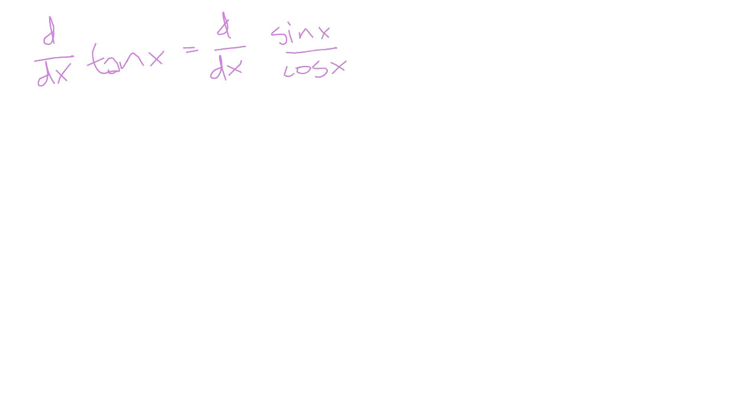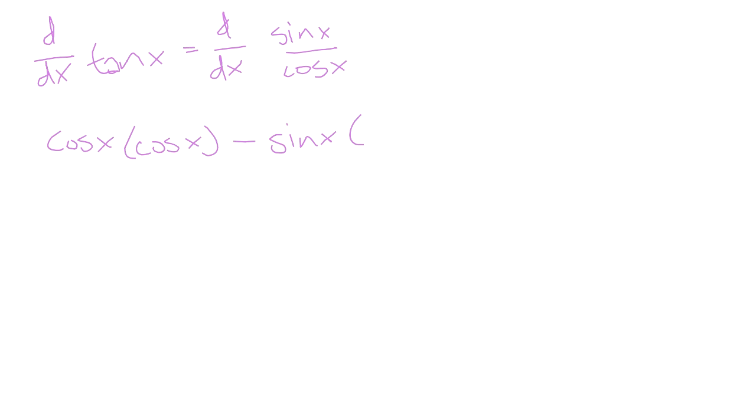From here, it's essentially just applying our quotient rule again. So what we can do is we can say that we have our bottom, cosine of x, times the derivative of our top. The derivative of sine, once again, is just cosine, minus our top, which is sine, times the derivative of our denominator.